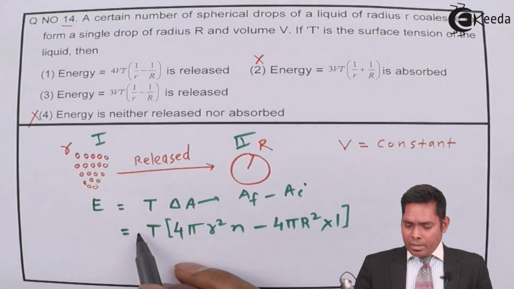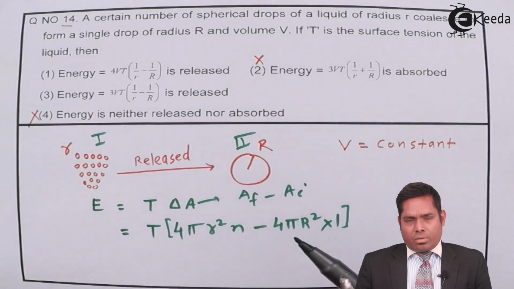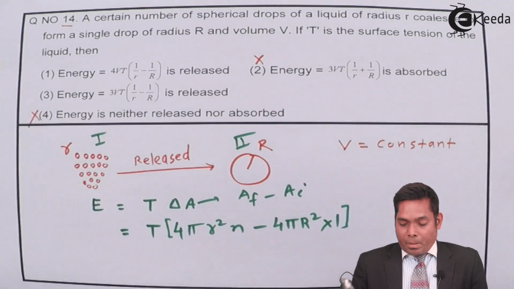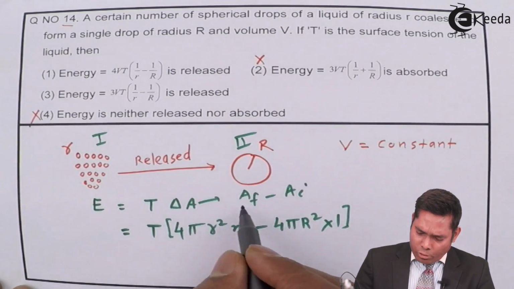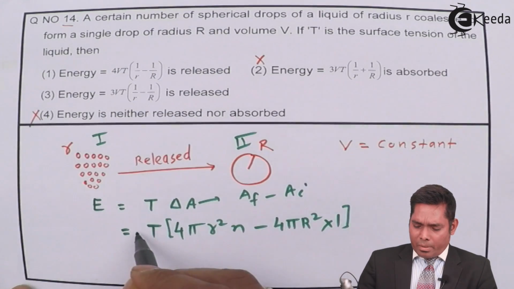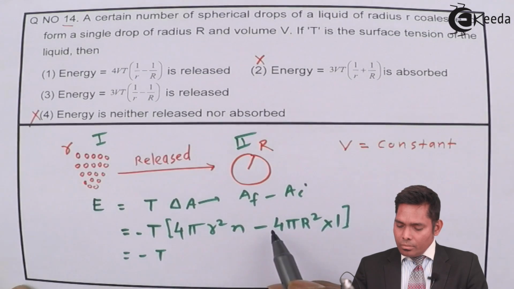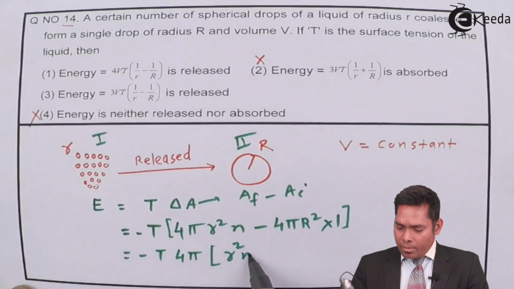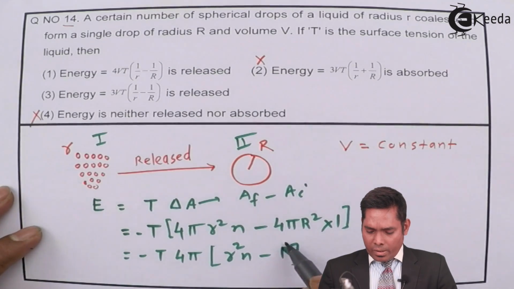So I will write T times 4 pi, and this is r square n minus R square.